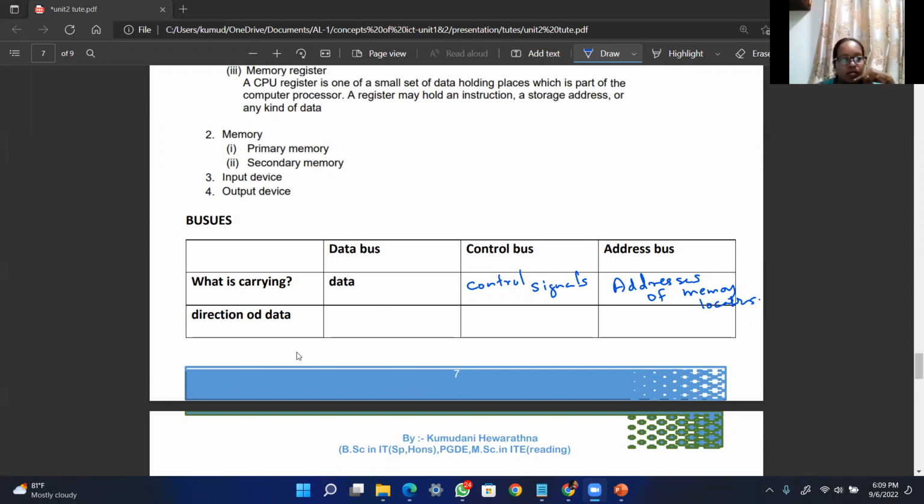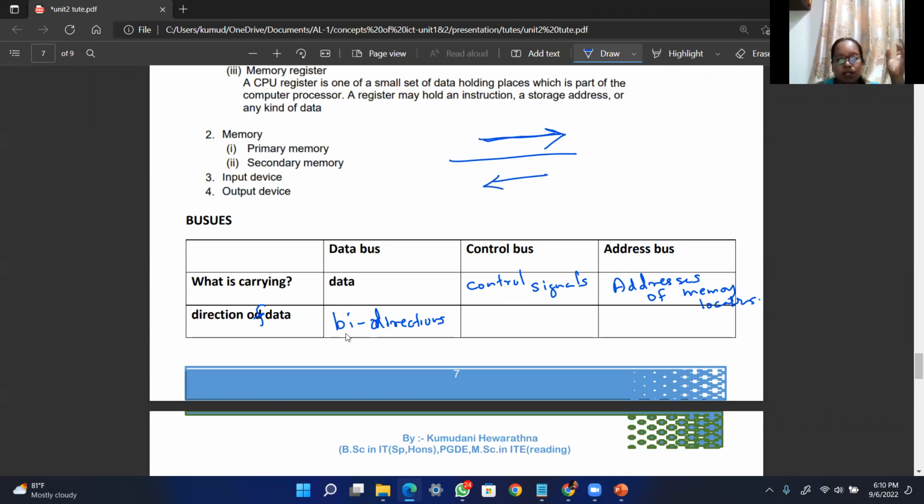Then direction of data. Data buses, is that unidirection or bidirection? Data is bidirection, right? That means data goes here and there. If you take a bus like this, if it is the route, then the data can go through this path in this direction as well as in the other.